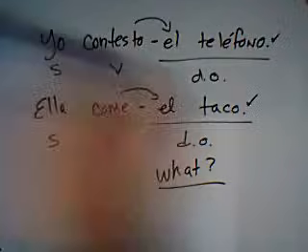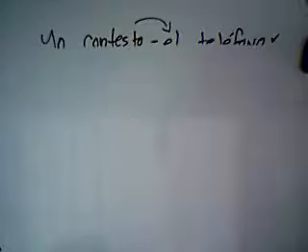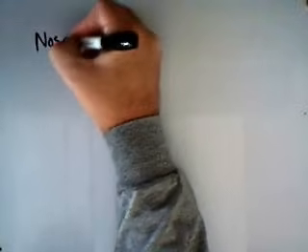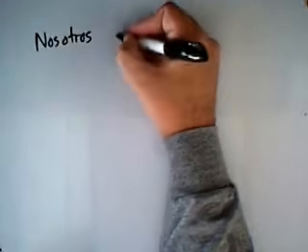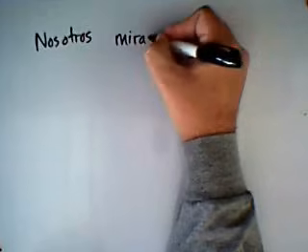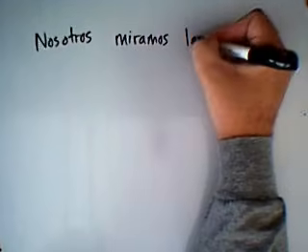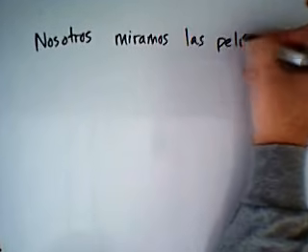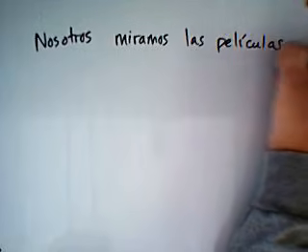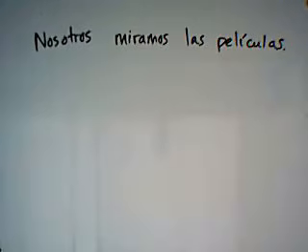Okay, let's do a couple more examples using some direct objects that are plural. Teléfono, obviously, and el taco are both singular. Here's an example with a plural. Nosotros, plural subject also. Nosotros miramos las películas. In English, we watch the movies. Let me think of another one.